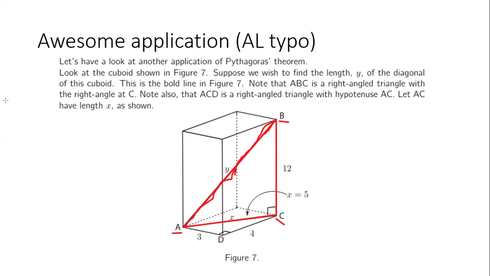And now you can see the BC distance is given as 12. One side is given as 12. We don't know the other lengths. So we want to find the y length, but we have to manually calculate this x length first. It is at the bottom actually.